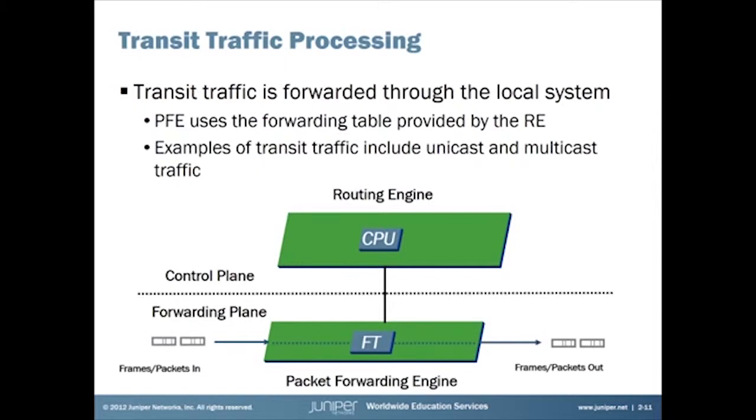As you know, unicast is traffic from one source to one destination, multicast from one source to multiple destinations. So unicast comes in one interface and goes out another interface. Multicast comes in one interface and could go out multiple interfaces. That's all handled by the packet forwarding engine there.